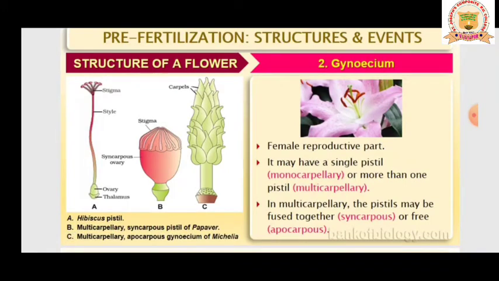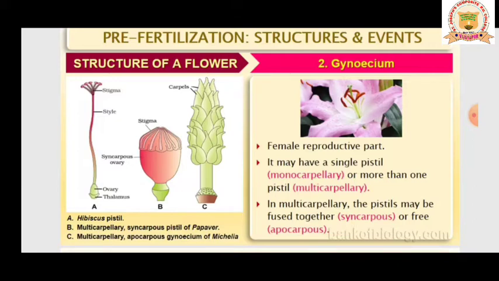The gynoecium is the structure of a flower which consists of the female reproductive part. It may have a single pistil, that is monocarpellary, or more than one pistil, multicarpellary.